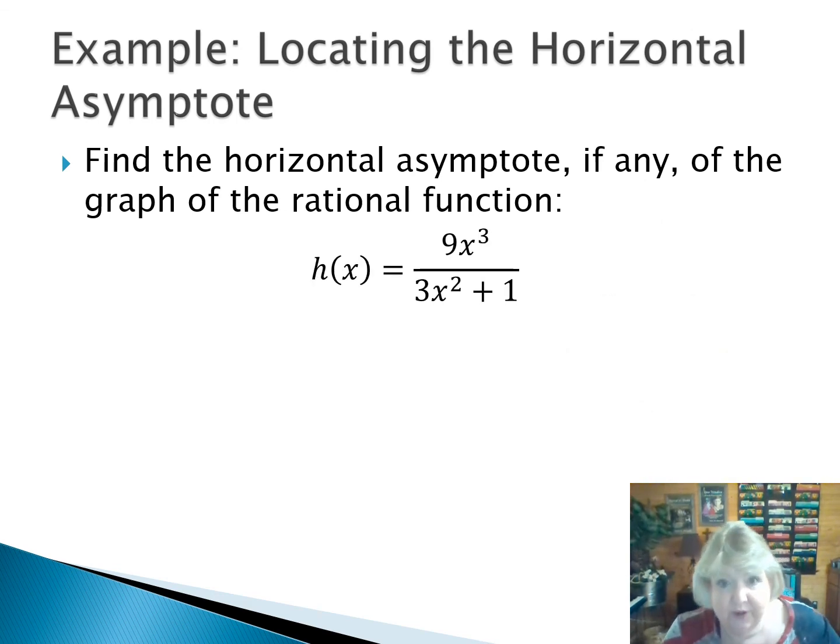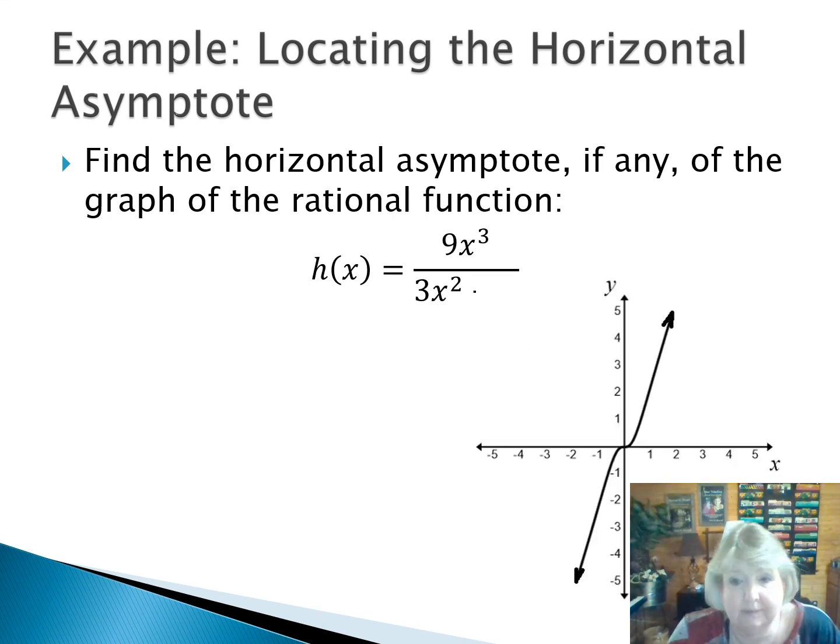And of course, the third case, where my numerator is degree 3 and my denominator is degree 2. Because the numerator's degree is greater than the denominator's, there is no horizontal asymptote. And this is the graph of h.